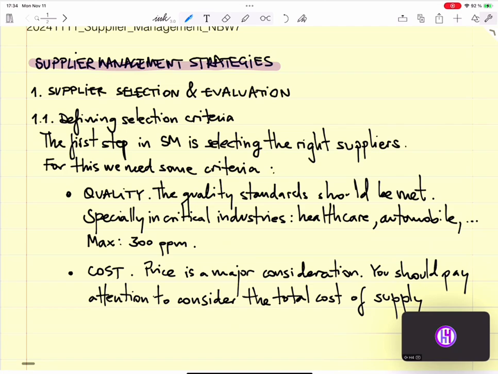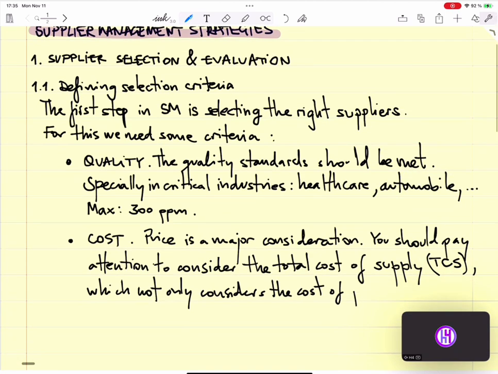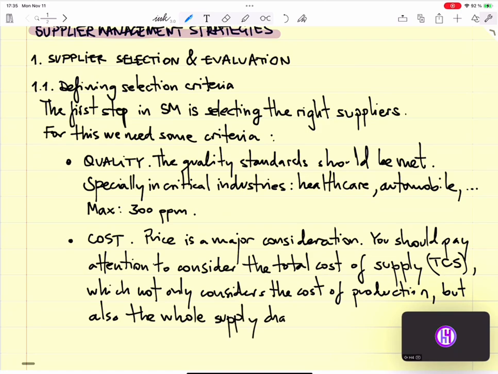This is an important concept, TCS, okay, which not only considers the cost of production but also the whole supply chain cost.